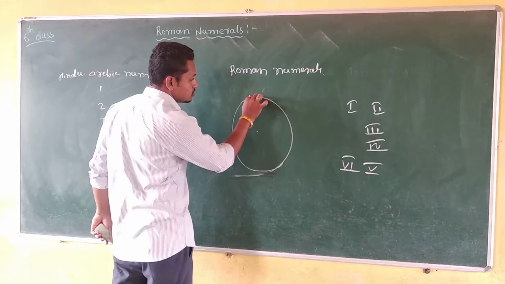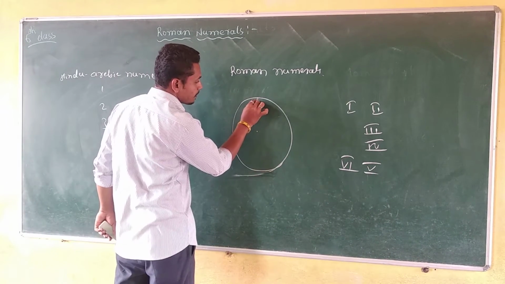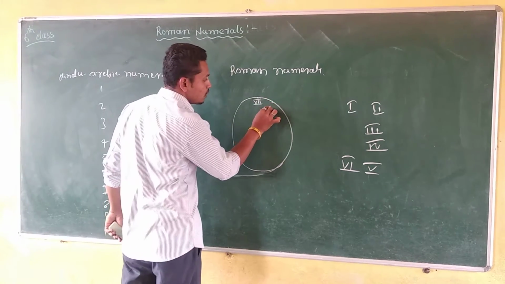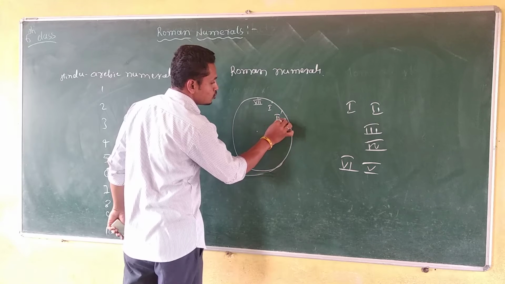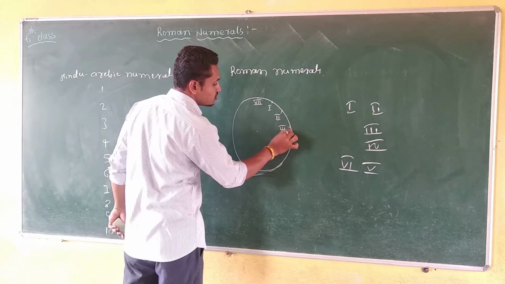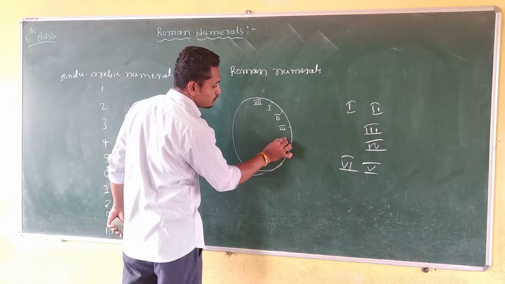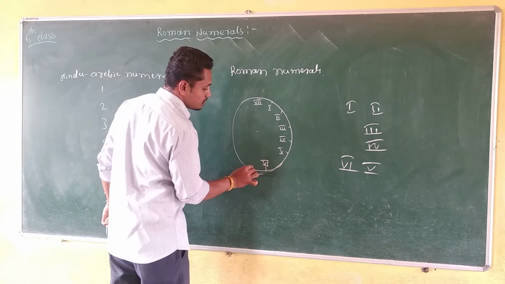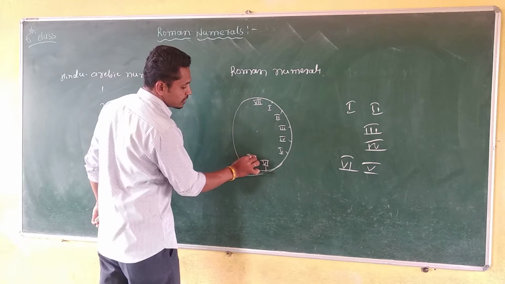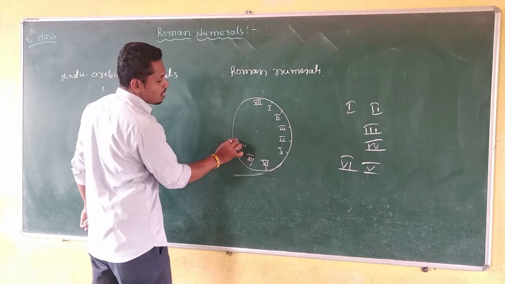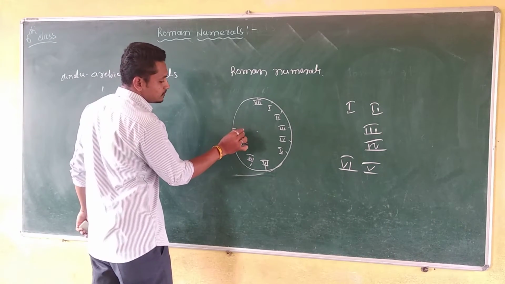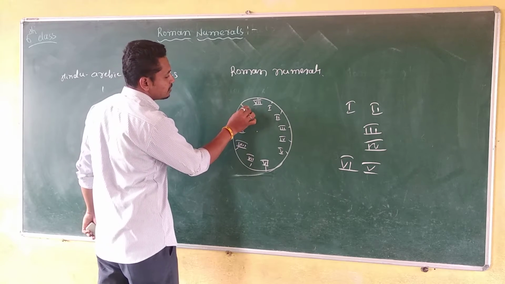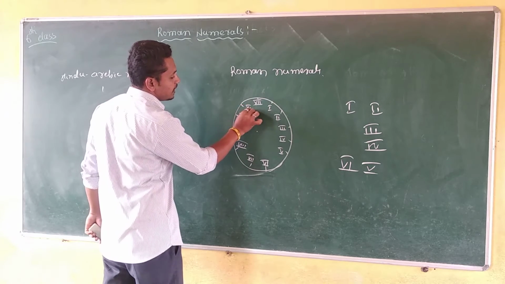This here is 12. This is 1, 2, 3. This is 4. This is 5. This is 6, 7, 8, 9, 10, and this is 11.